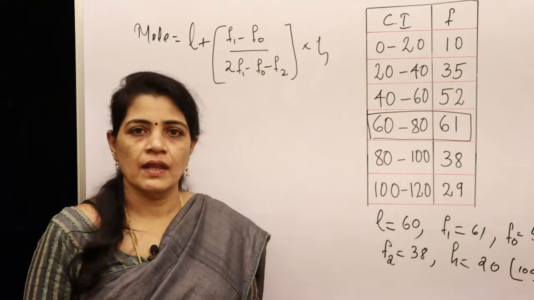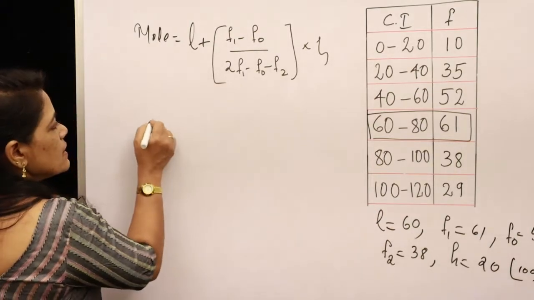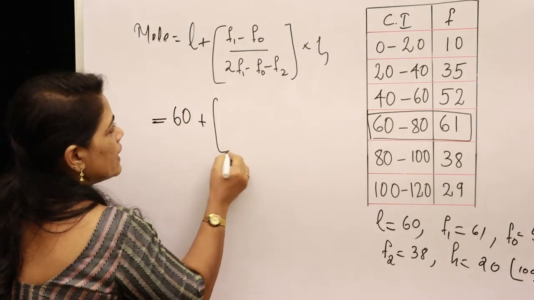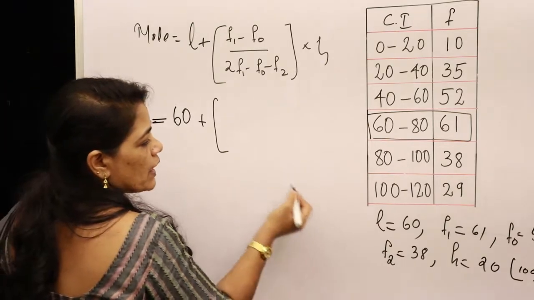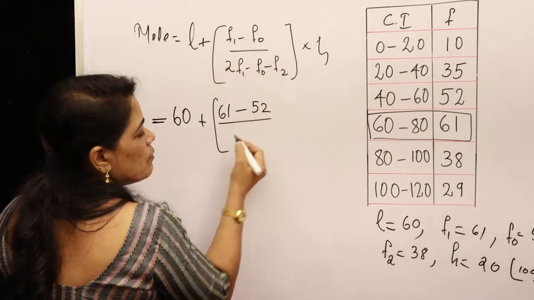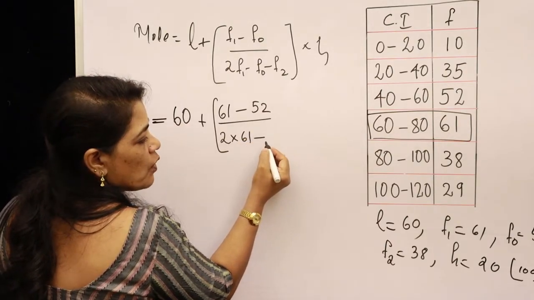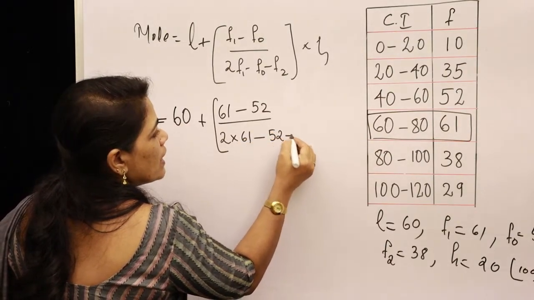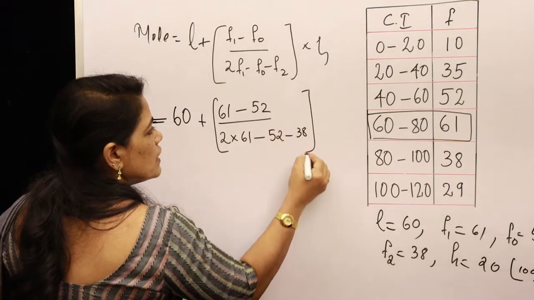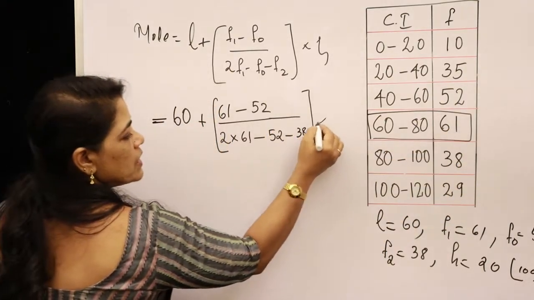So H is 20. Now we substitute these values in the formula of mode. L is 60, plus, in the bracket, F1 minus F0, 61 minus 52, divided by 2 into F1, 61, minus F0, 52, minus F2, 38, the frequency of the class which comes after the modal class, into H, 20.